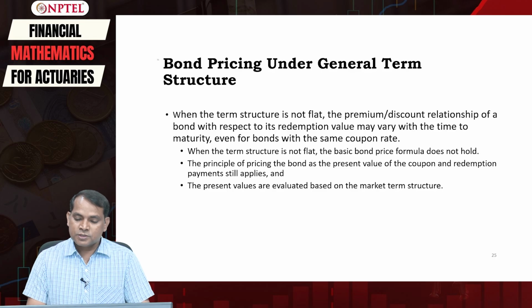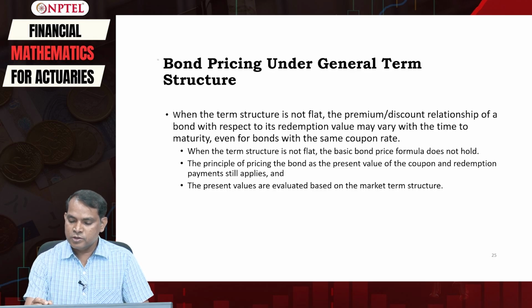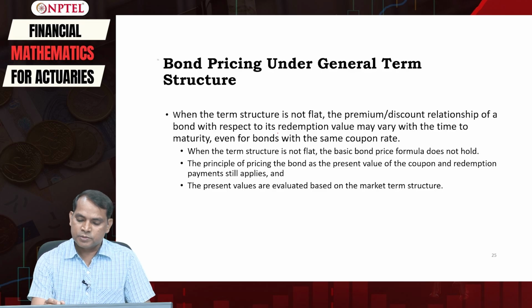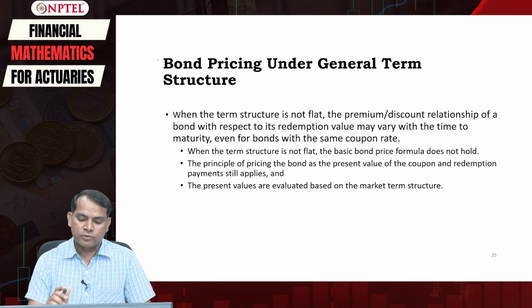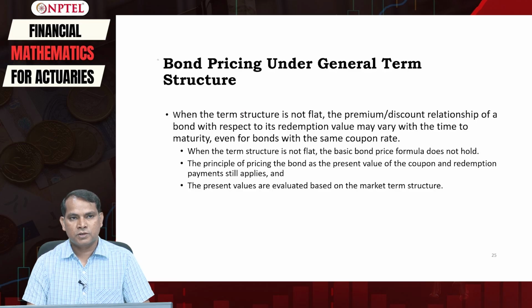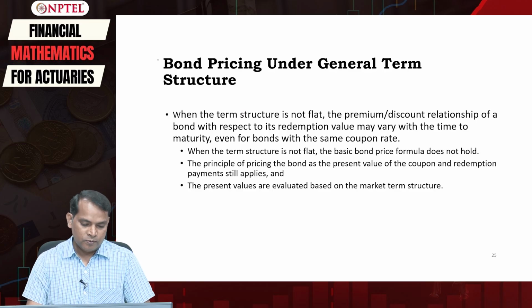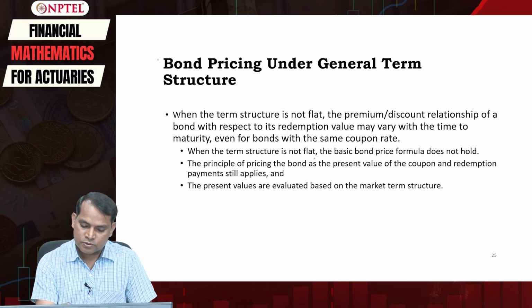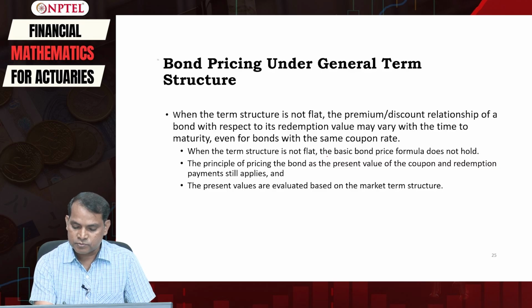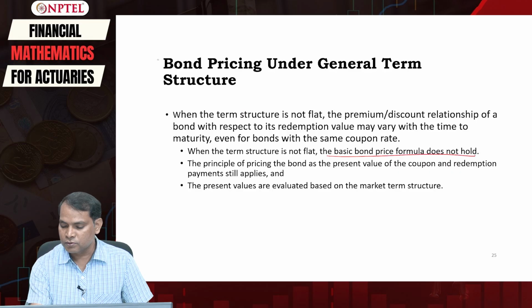When the term structure is not flat, the premium or the discount relationship of a bond with respect to its redemption value may vary with the time to maturity, even for the bond with the same coupon rate, that we have seen. So, when the term structure is not flat, the basic bond price formula does not hold.